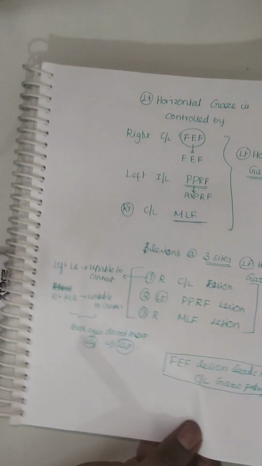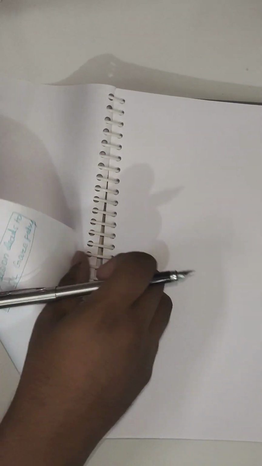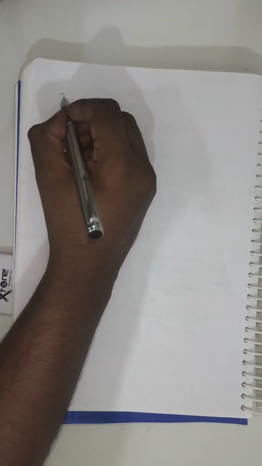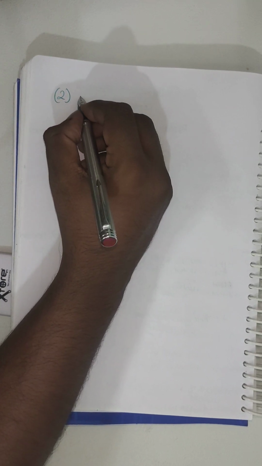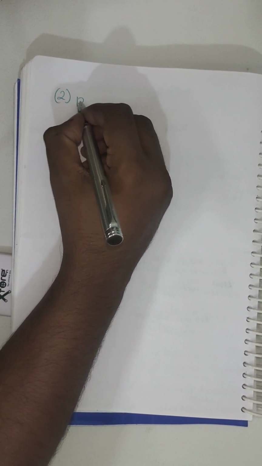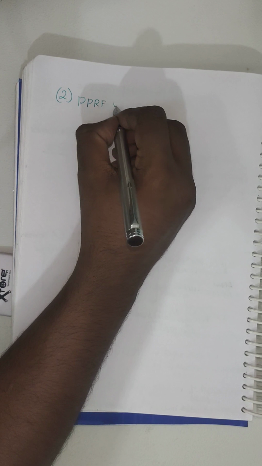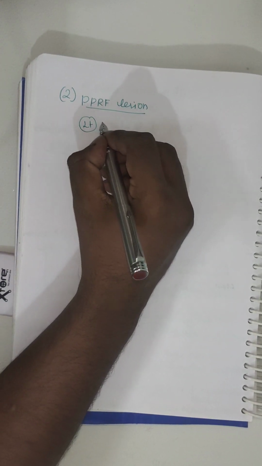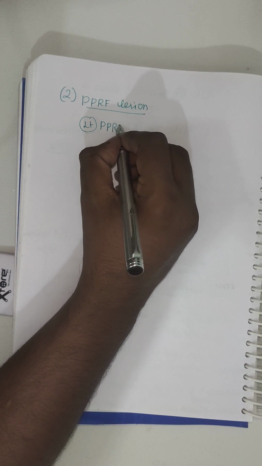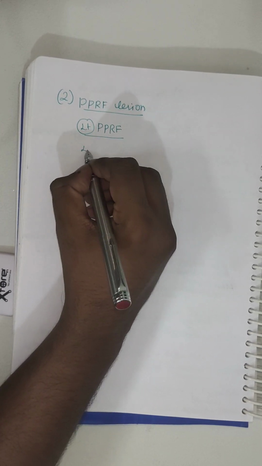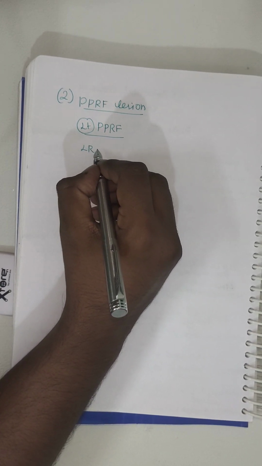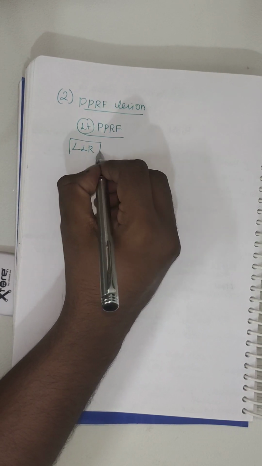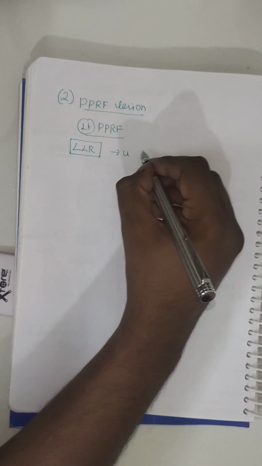Then we shall see about the second lesion. Second lesion is PPRF lesion. In left PPRF lesion, left lateral rectus is unable to contract.